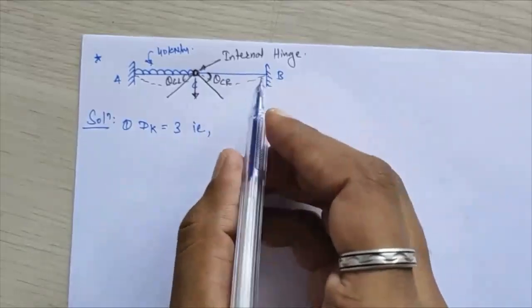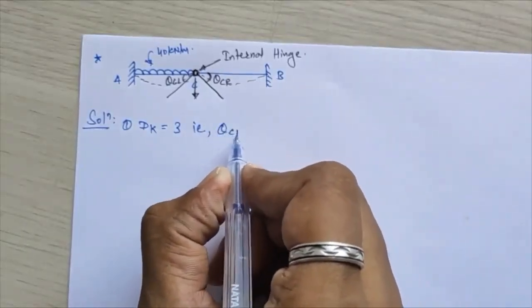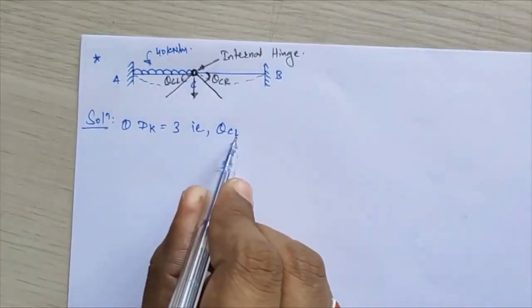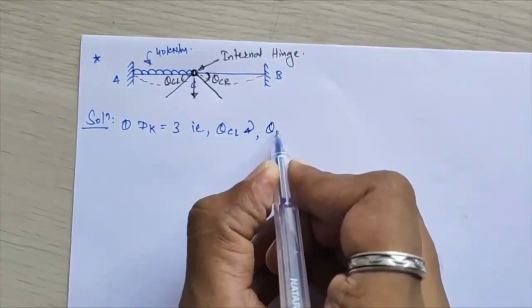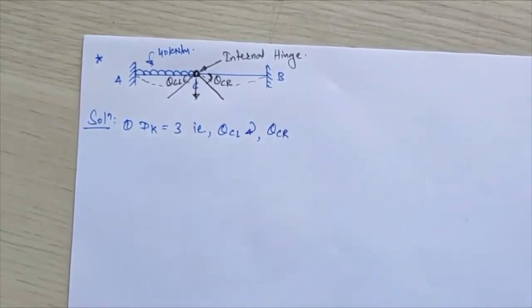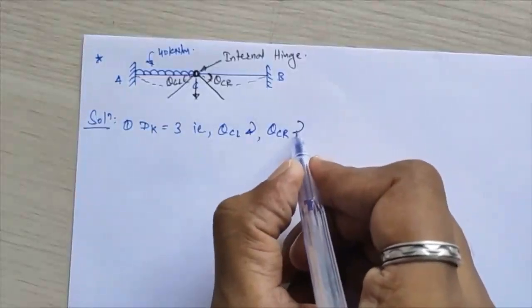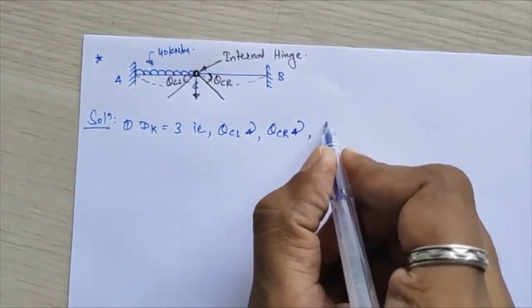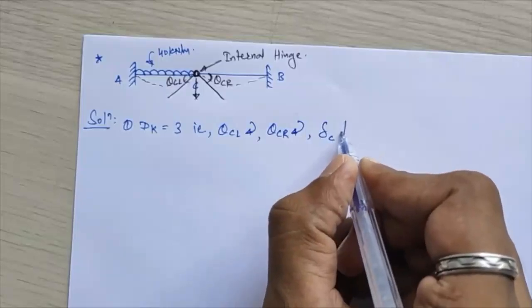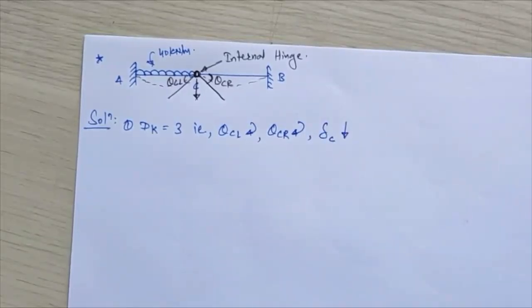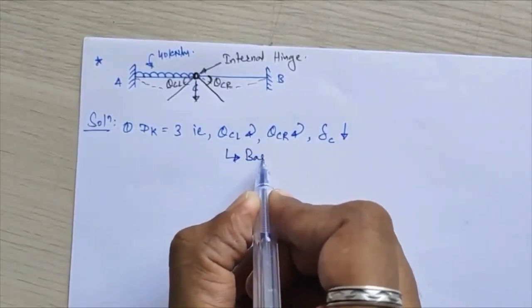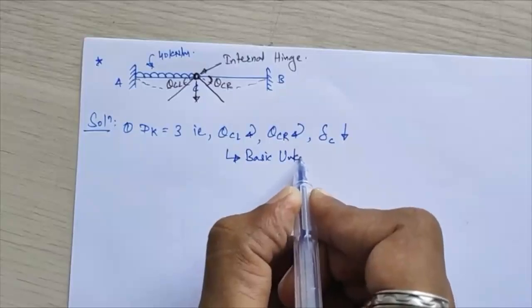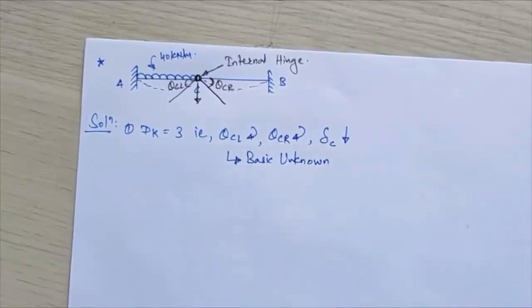Your basic unknowns: theta CL, that is the slope on the left hand side of C, which I am considering clockwise initially, then the slope on the right hand side of C, again considering clockwise, and delta at joint C, suppose it is acting in the downward direction. So these three will be your basic unknown values that you have to calculate.